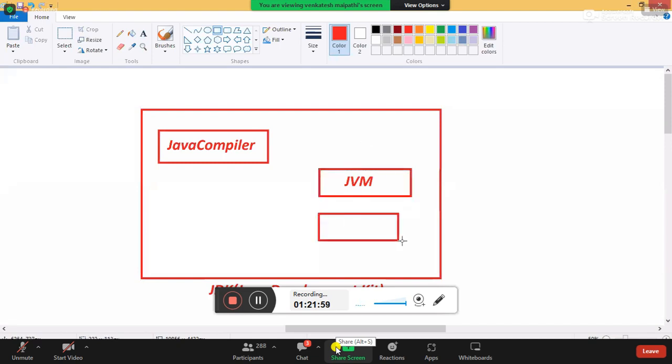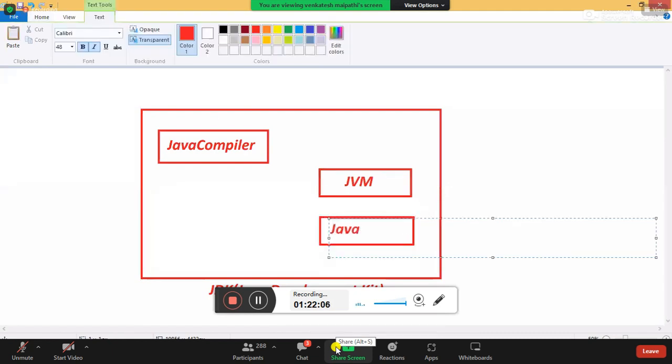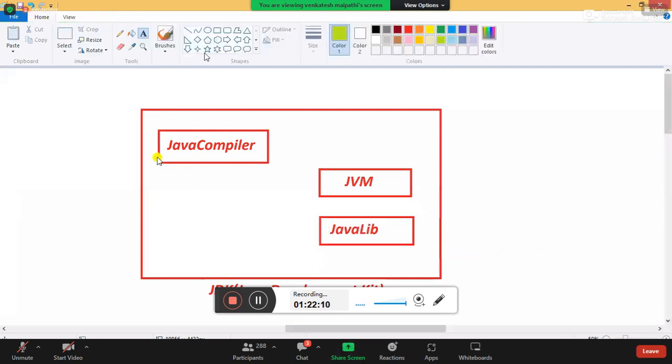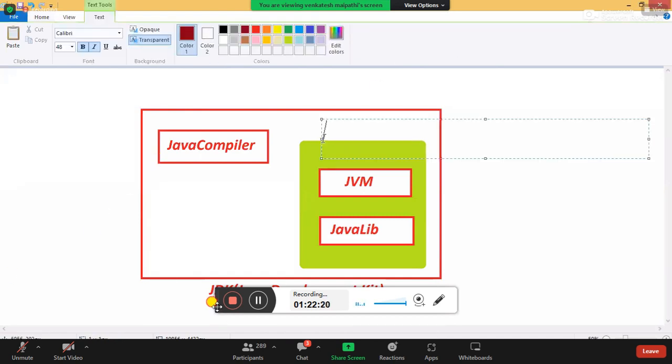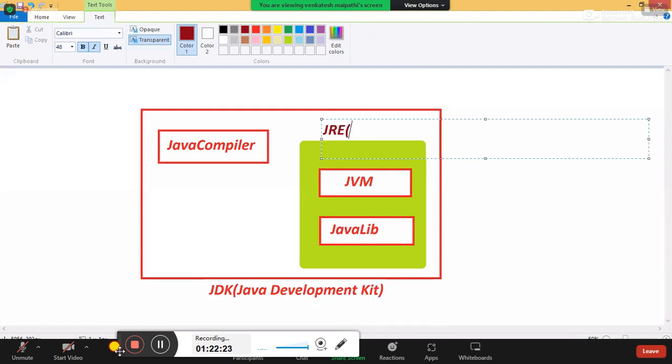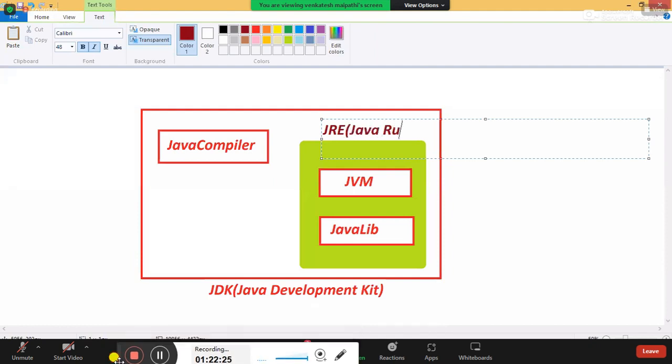One is the Java library. This JVM and Java library together we call as JRE, Java Runtime Environment.